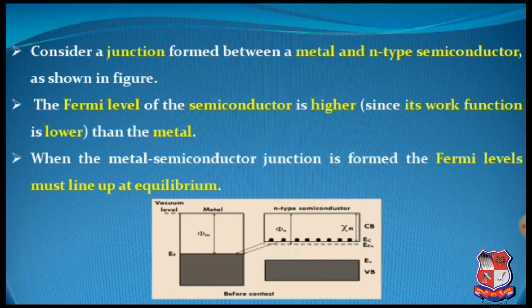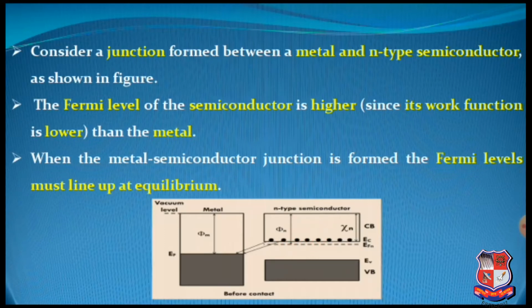Here we can see from the figure the difference in the Fermi level of the metal and n-type semiconductor. The Fermi level of metal is lower, however the work function of the metal is higher. As you can see from the figure, the Fermi level of the semiconductor is higher compared to the metal because it has a higher concentration of electrons in its conduction band. So this is the before contact situation.